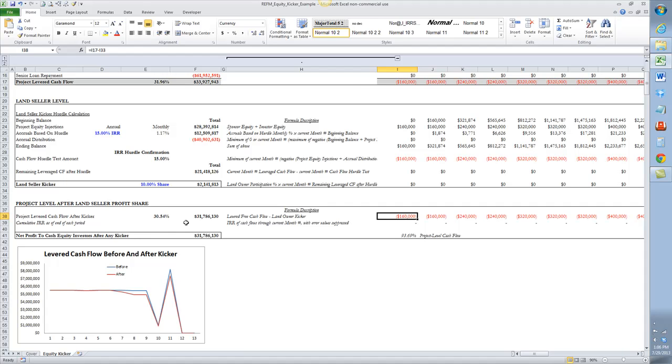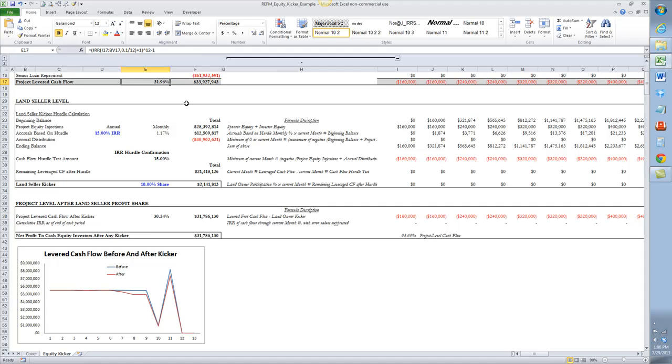A few things to note here: given that there is a kicker and the project level IRR exceeds the hurdle rate, in this case it's a 31% IRR and the hurdle rate is a 15% IRR, we will see that because this $2 million is paid out to the land seller, the dollar amount naturally that goes to the project on a residual basis is less than what it was prior, and the IRR is also less than what it was prior to the payout of that profit sharing.